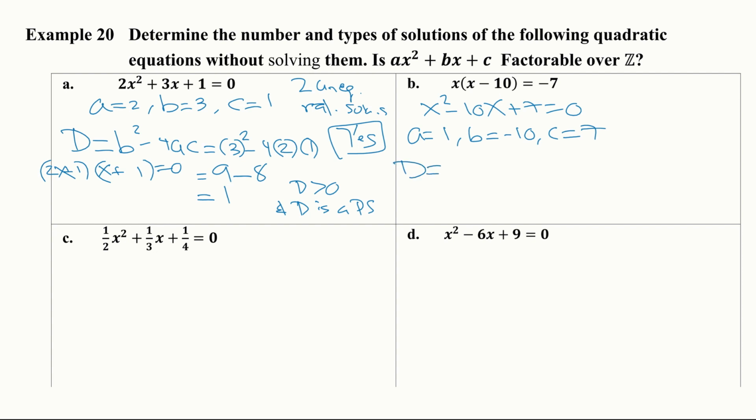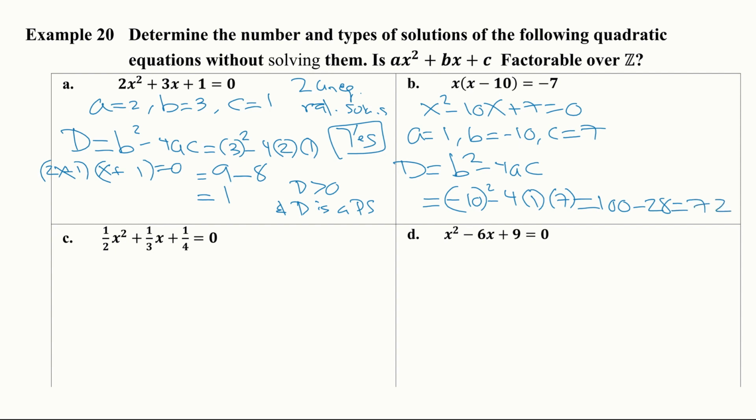So the discriminant is b squared minus 4ac. So it's going to be negative 10 squared minus 4 times 1 times 7. So we're going to have 100 minus 28, which is 72, right?